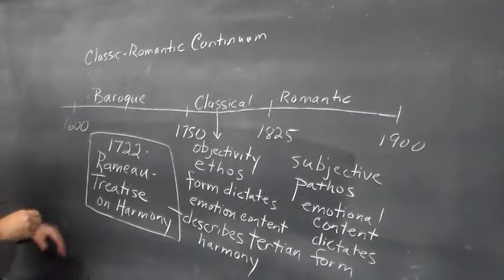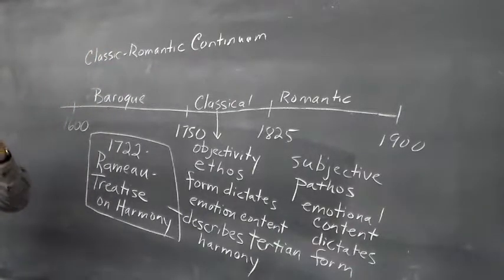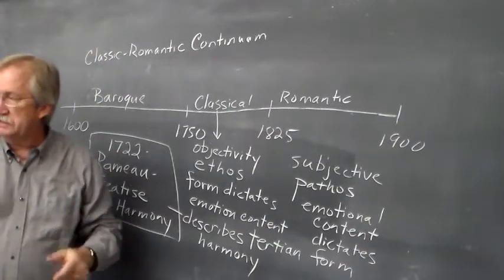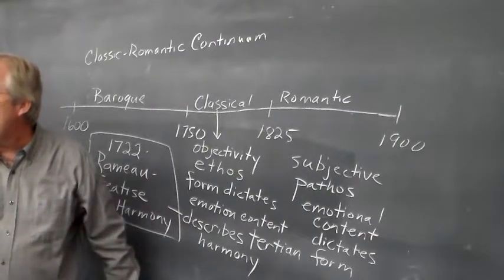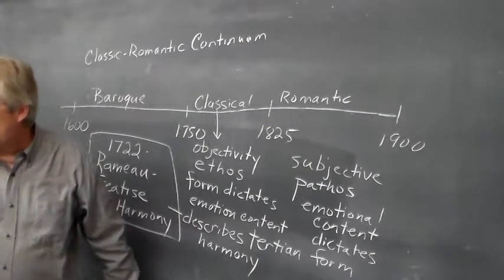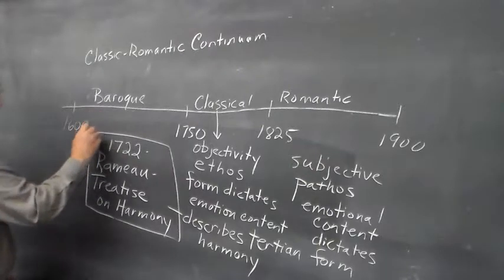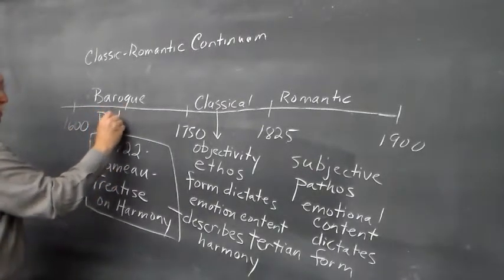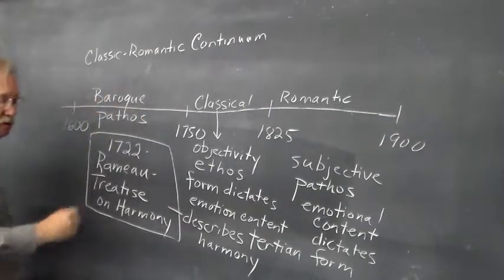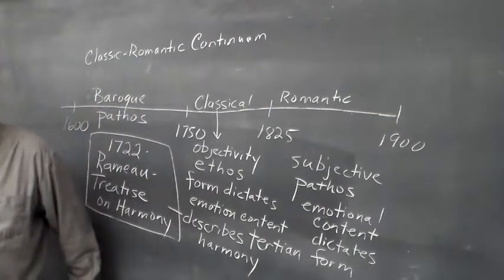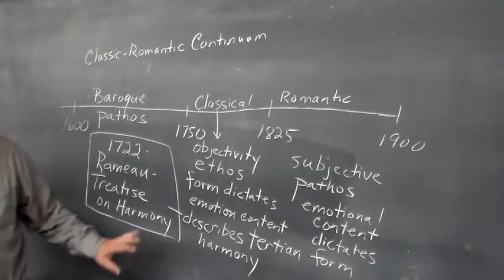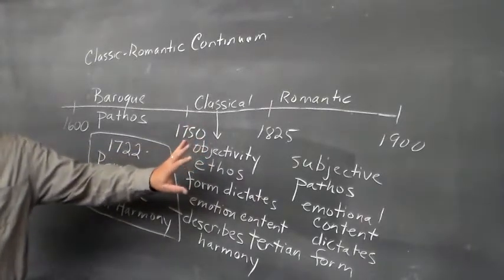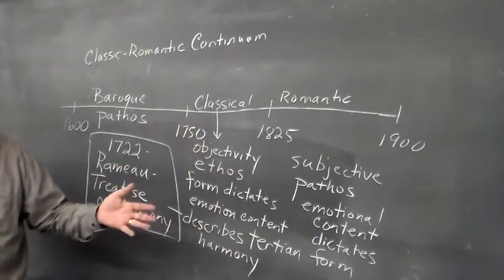All right, the classic romantic continuum then has to do with the pendulum that swings back and forth between these two basic concepts throughout music history. So the Baroque style is also described as a style that is emotional, but it's a different type of emotion than the 19th century romantic emotionalism.